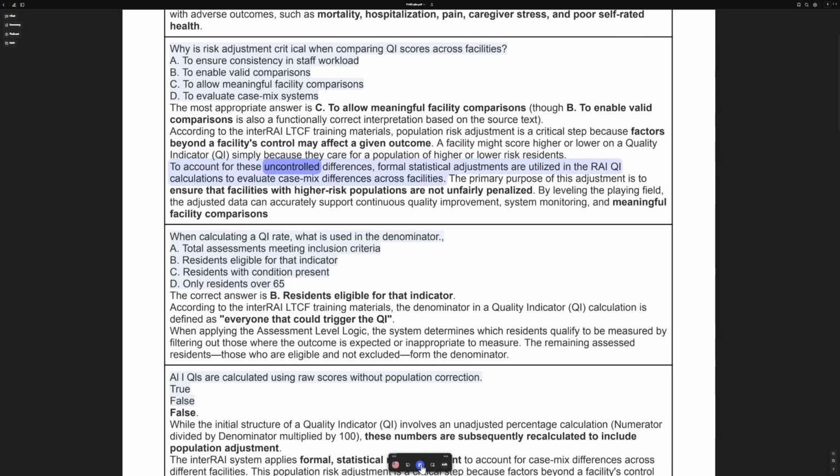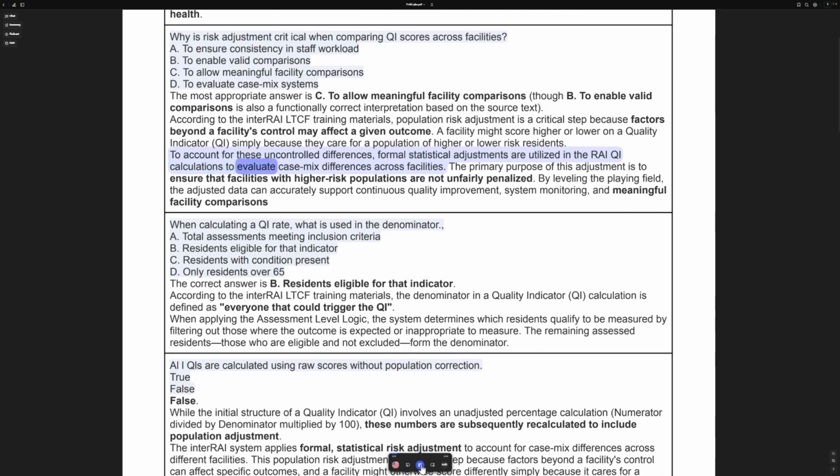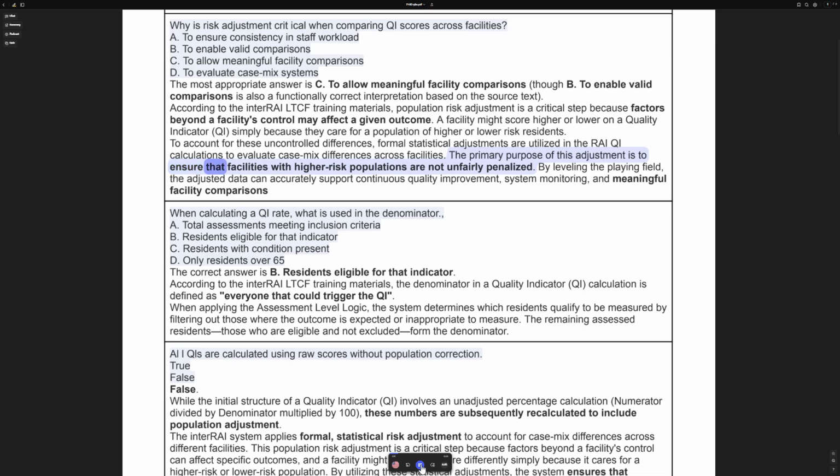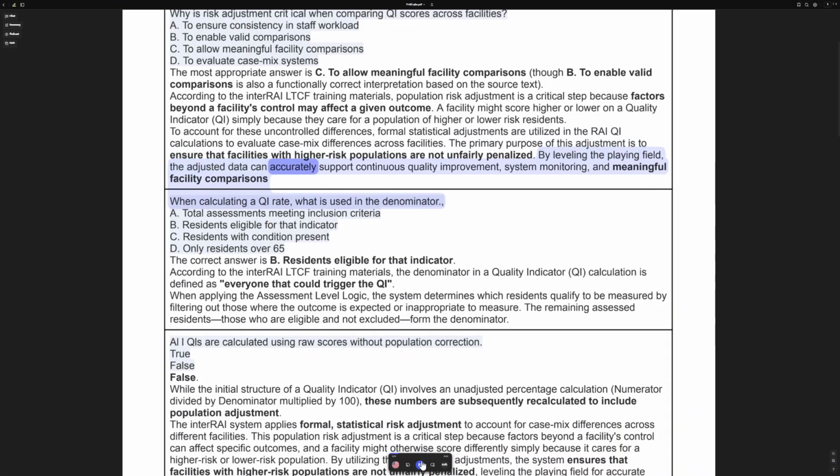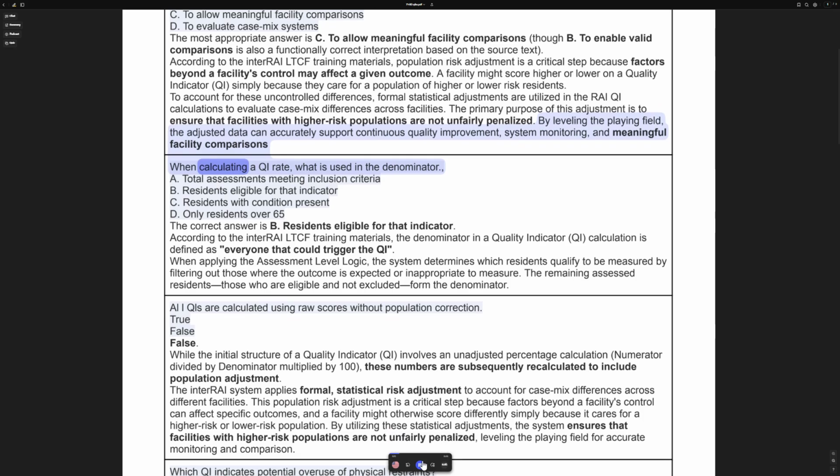To account for these uncontrolled differences, formal statistical adjustments are utilized in the RAI QI calculations to evaluate case mix differences across facilities. The primary purpose of this adjustment is to ensure that facilities with higher risk populations are not unfairly penalized. By leveling the playing field, the adjusted data can accurately support continuous quality improvement, system monitoring, and meaningful facility comparisons when calculating a QI rate.